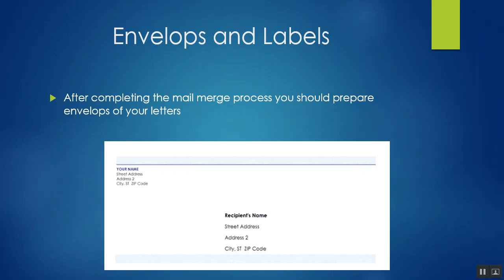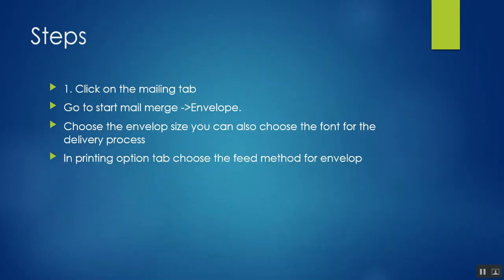After completing the mail merge process, what we need is an envelope to cover our letter. So you should prepare the envelope for your letter. Here are a few simple basic steps that you can use to create an envelope.